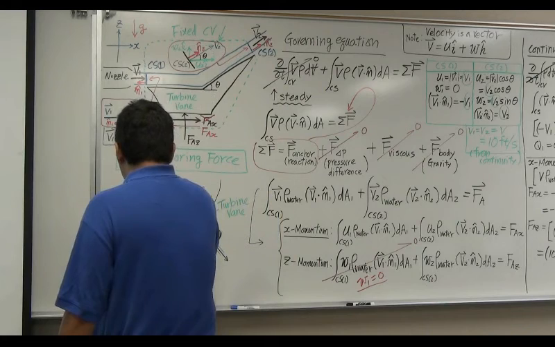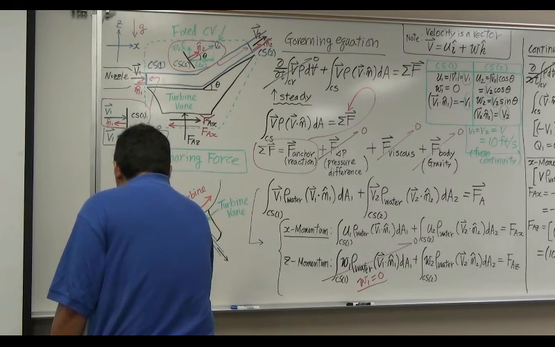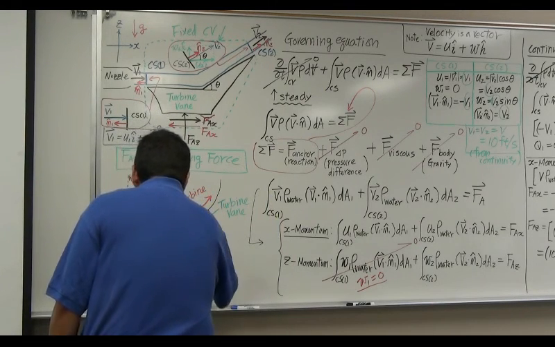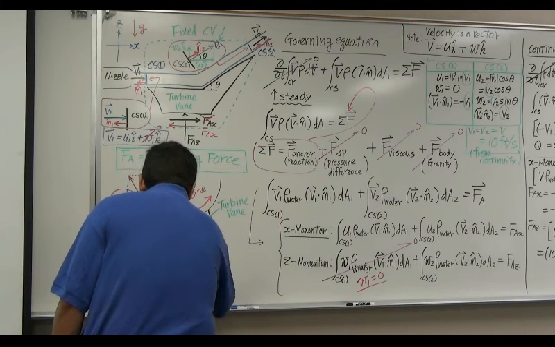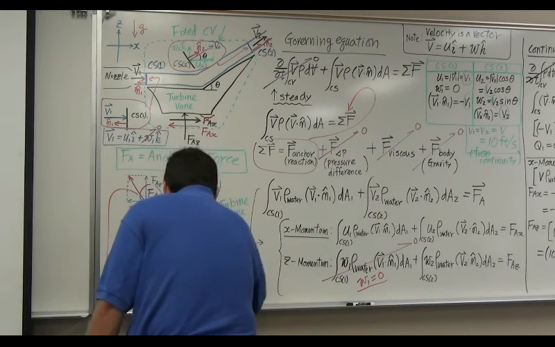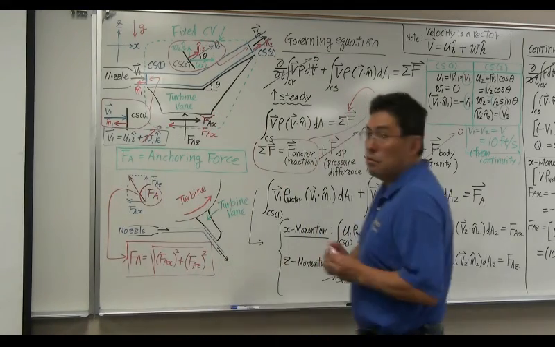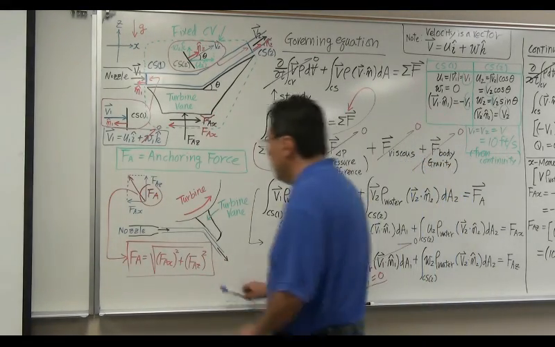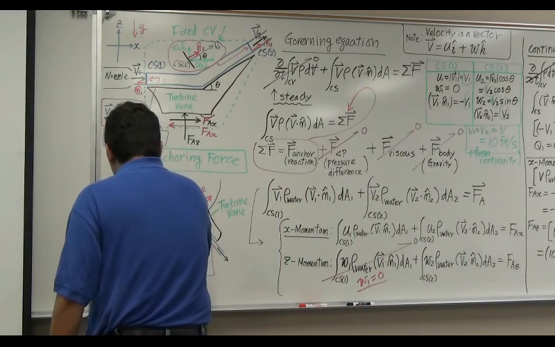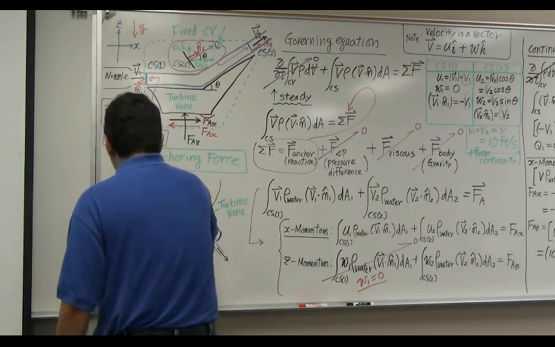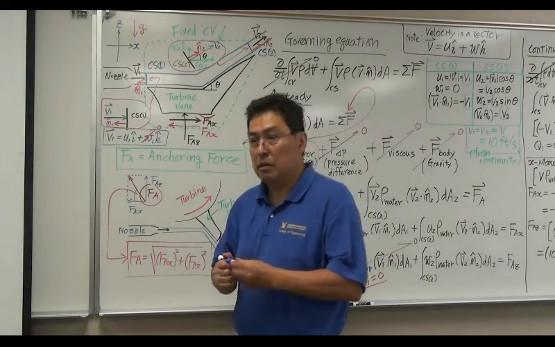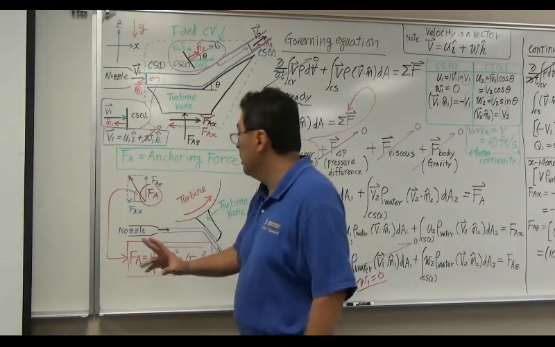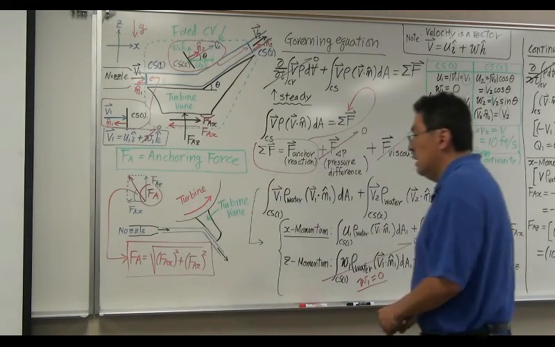So this FA can be found by square root of FAX squared plus FAZ squared. So this is the magnitude of anchoring force required, and also you can determine what is the angle of the anchoring force required. Obviously you can take inverse tangent of those two forces to find the angle.